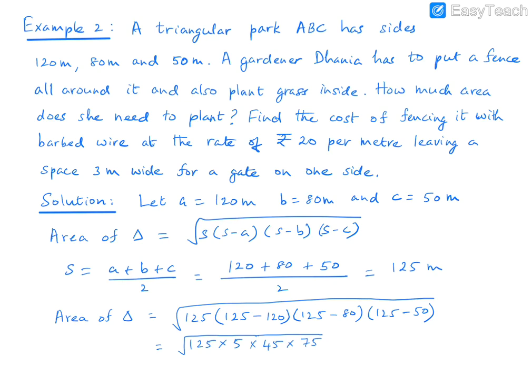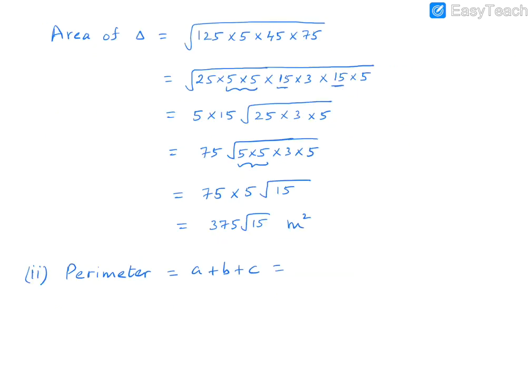So we have the perimeter as 120 plus 80 plus 50, which is equal to 250 meters. Length of the barbed wire, or the length of the fence, equals the perimeter minus the width of the gate.